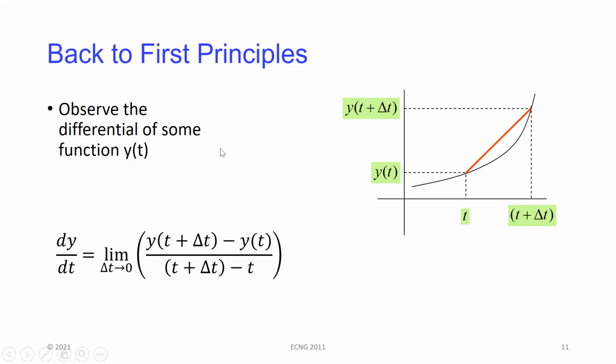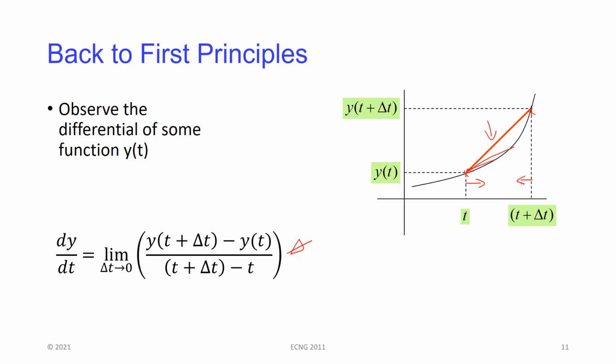When you were learning how to find derivatives, if you want to find the derivative of this curve, the black line here, what you did was to take 2 points on the curve, join them by a line, and then find the slope of the line this way. And then what we did is to make these points move closer and closer together.